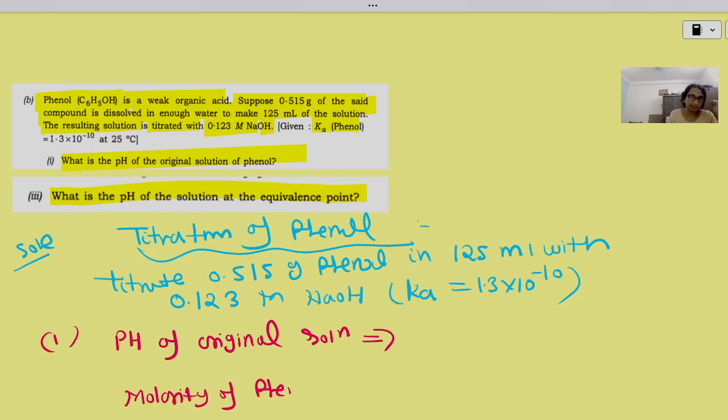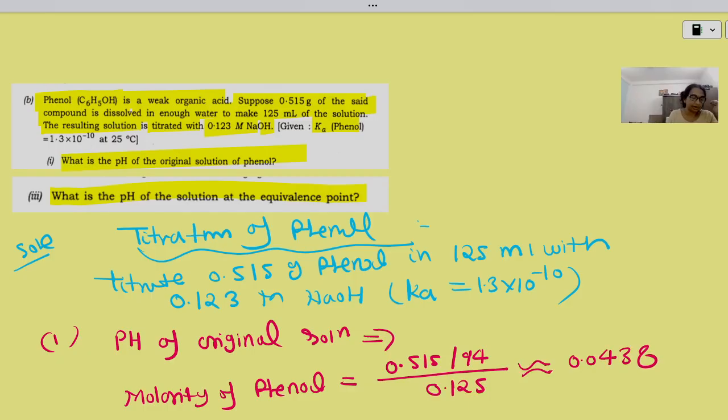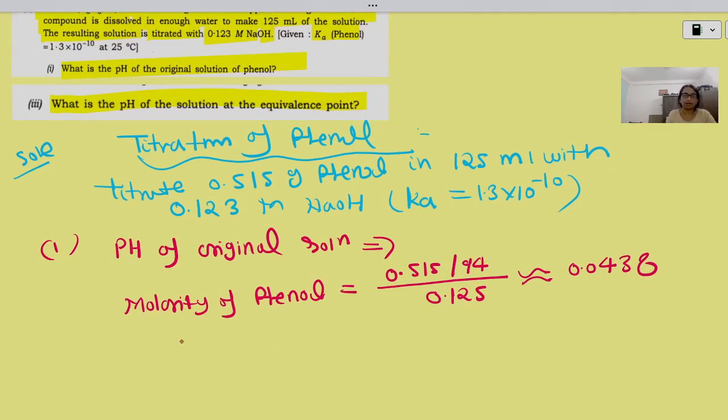The molarity of phenol is equal to 0.515 divided by 94, upon 0.125, and approximately 0.0438.